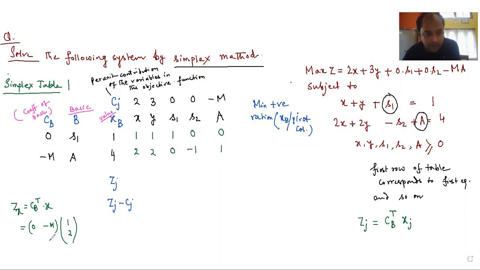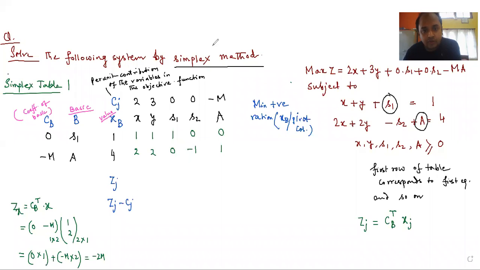What is the order of this matrix? 1 row and 2 columns, and 2 rows and 1 column. So the result will be a number. It will be 0 into 1 plus minus M into 2. So the answer will be minus twice M.